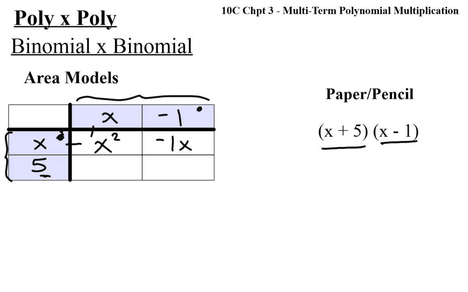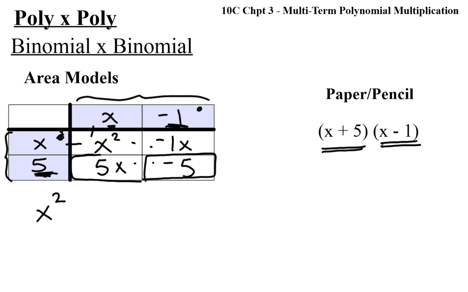Here we have 5 times x, which leaves us with a 5x, and this square will be 5 times negative 1, which is a negative 5. So when we have a binomial times a binomial, we end up with 4 parts that we multiply.